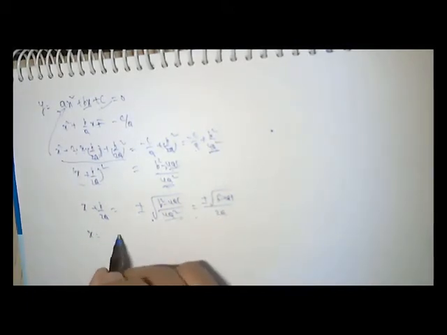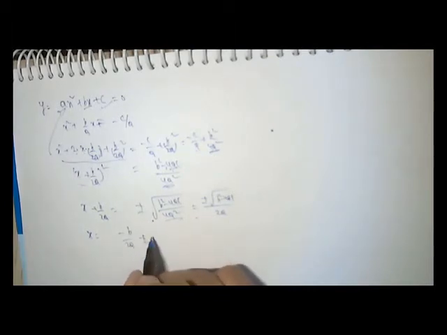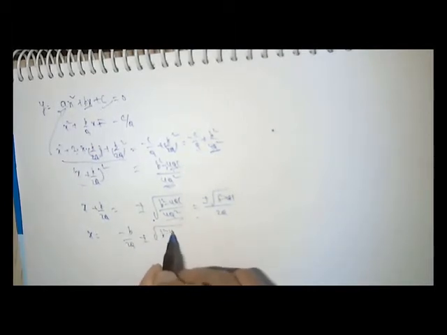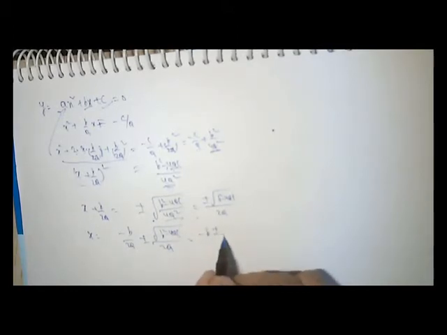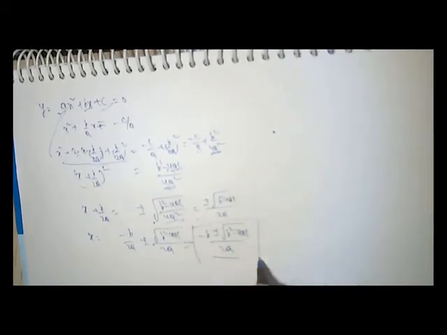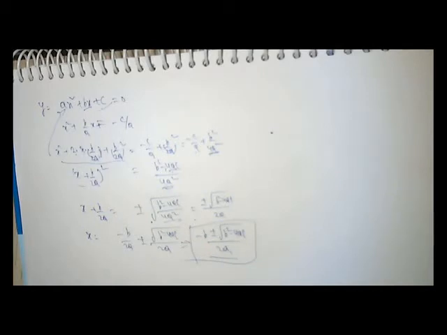So x is equal to minus b by 2a plus or minus square root of b square minus 4ac by 2a. That means x is minus b plus or minus square root of b square minus 4ac, all by 2a. So this is the formula.